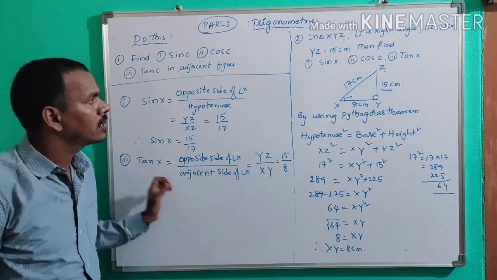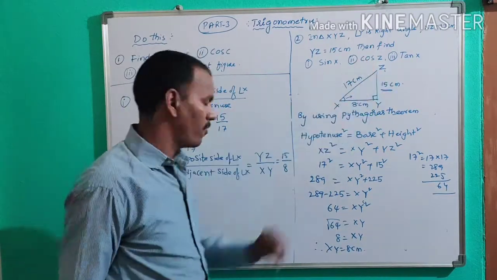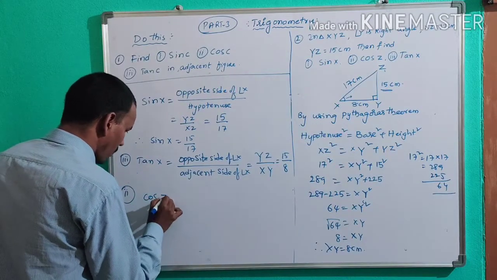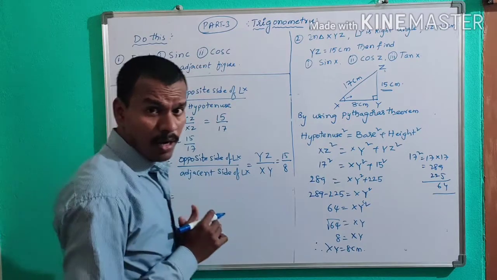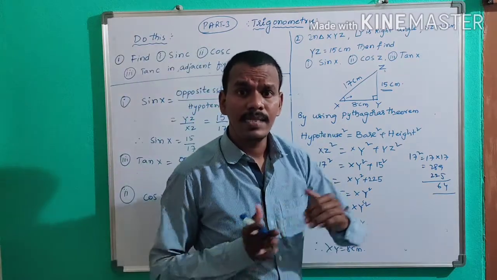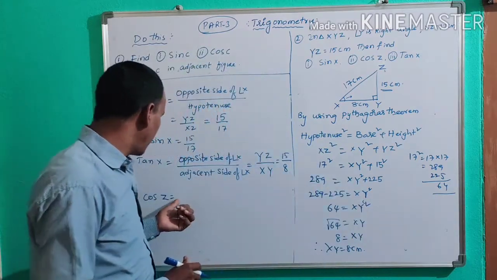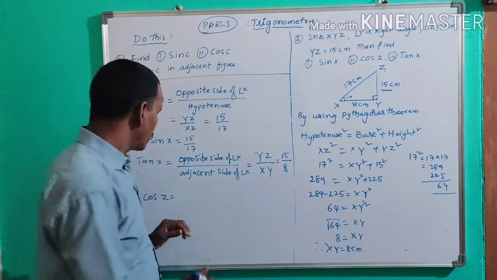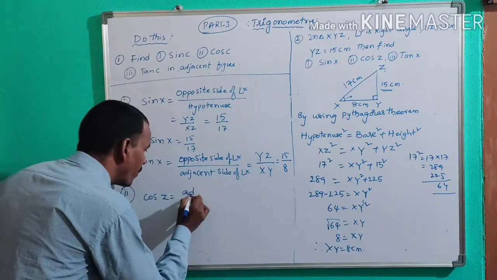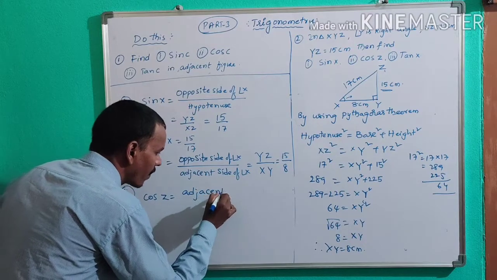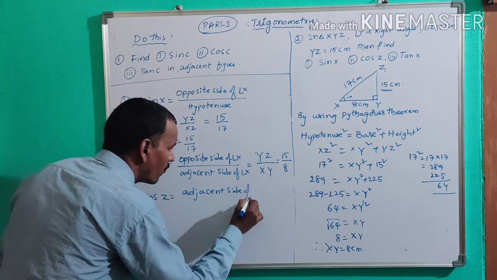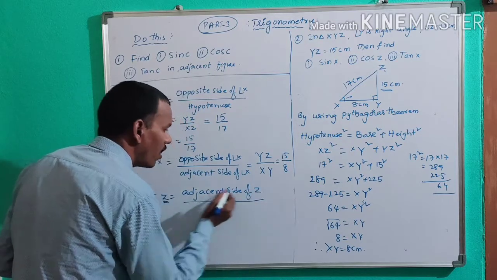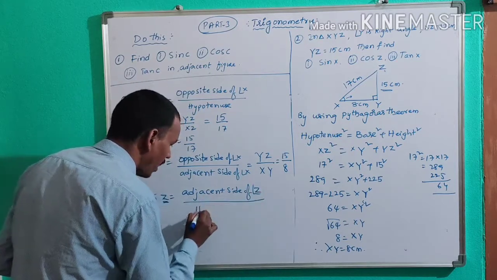Now go to cos Z, the second one. Cos Z means the adjacent side of angle Z by hypotenuse. Cos means adjacent by hypotenuse. So cos Z is equal to the adjacent side of angle Z by hypotenuse.